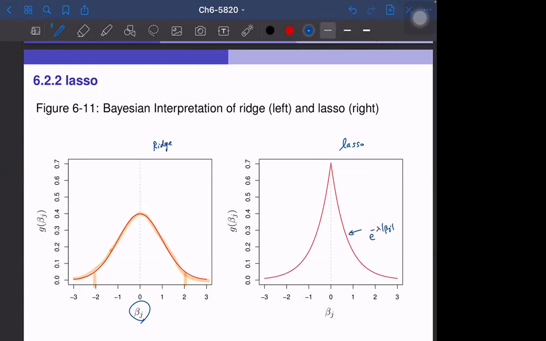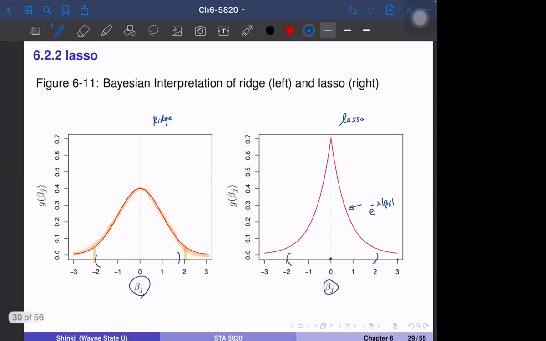Lasso assumes that beta j is probably very close to 0, and with small probability it may be large, like -3 or 3. In this sense, ridge regression and Lasso both assume that the parameters are small, around 0, but the assumptions are slightly different.